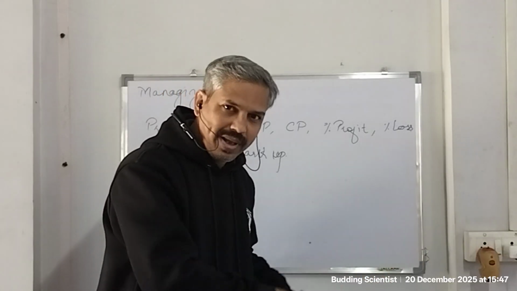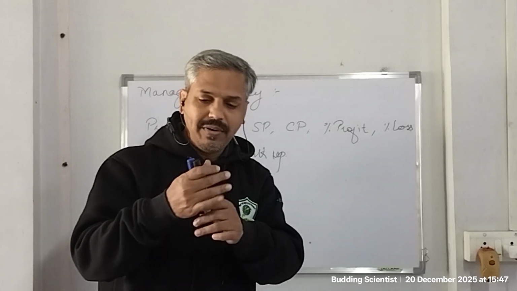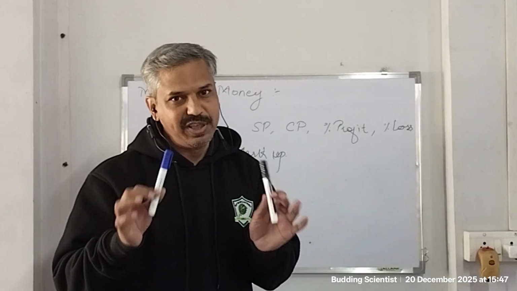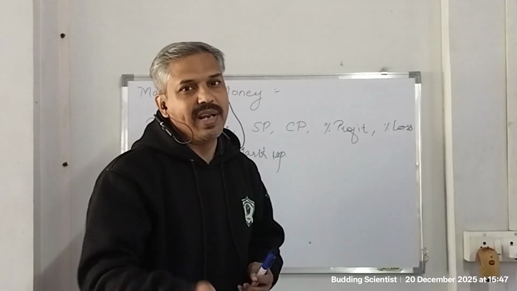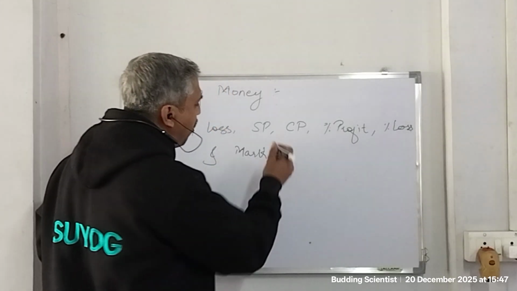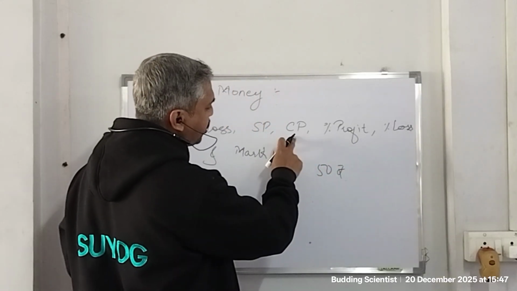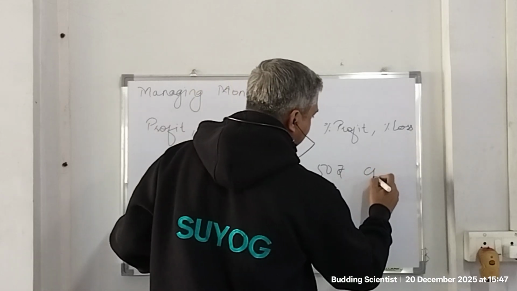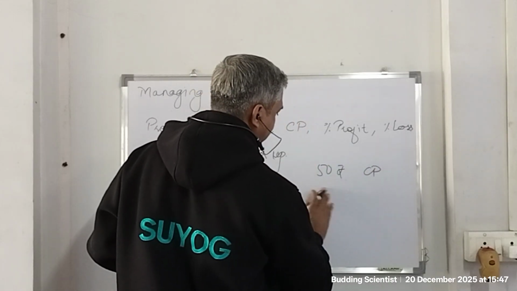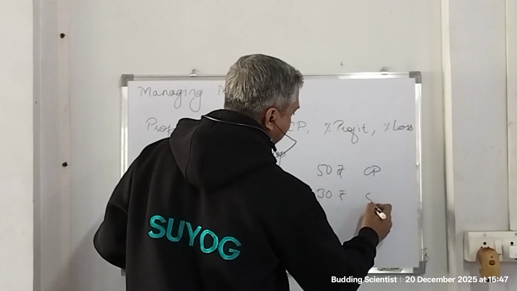I'll get new markers, I'll sell them again, I'll earn some profit, and whatever loss I bear because of these markers may be recovered. So all that I'm doing is, I bought it for 50 rupees, and that was the cost price. But I am selling it at 30 rupees, and this is my selling price.